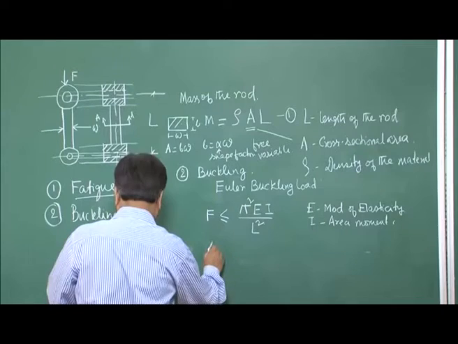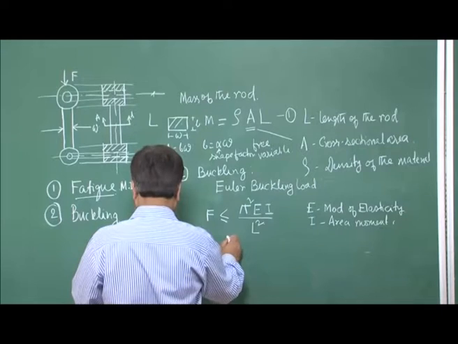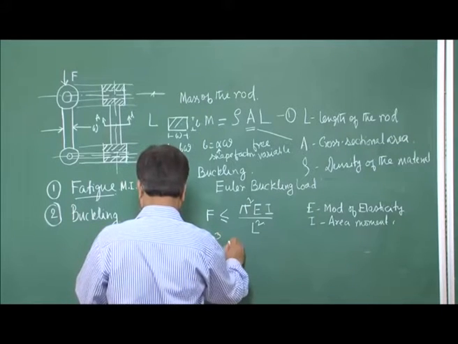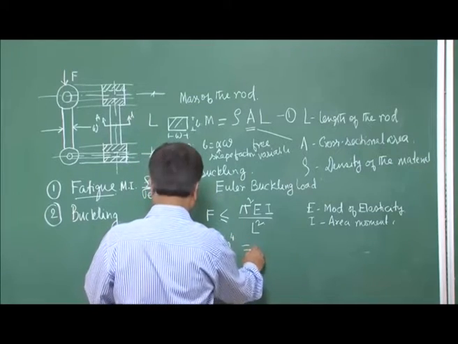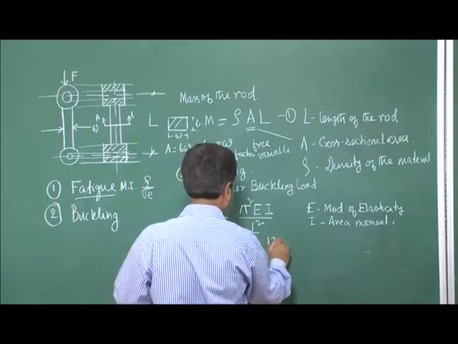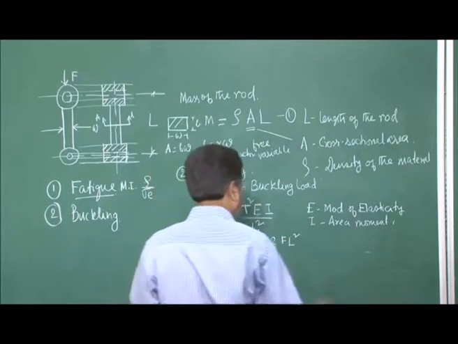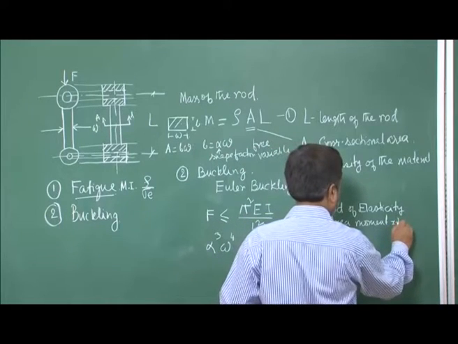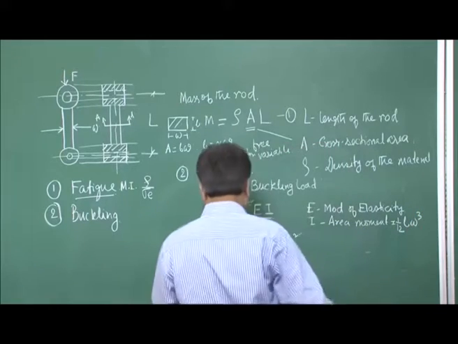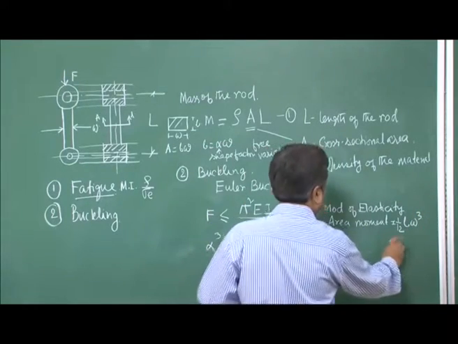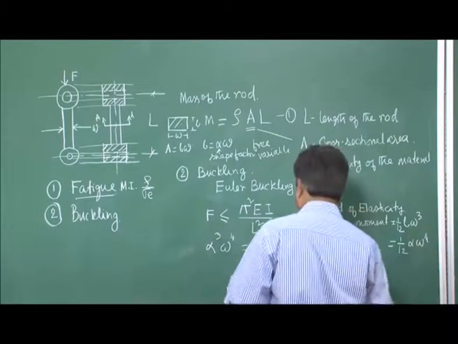Maybe first we can find out that if we use these expressions in this particular equation, it will come out as alpha cube W to the power 4 equals 12 F L square. So I in this case, let us write it down, is 1/12 B W cube. In fact, you can also write it as 1/12 alpha W to the power 4.